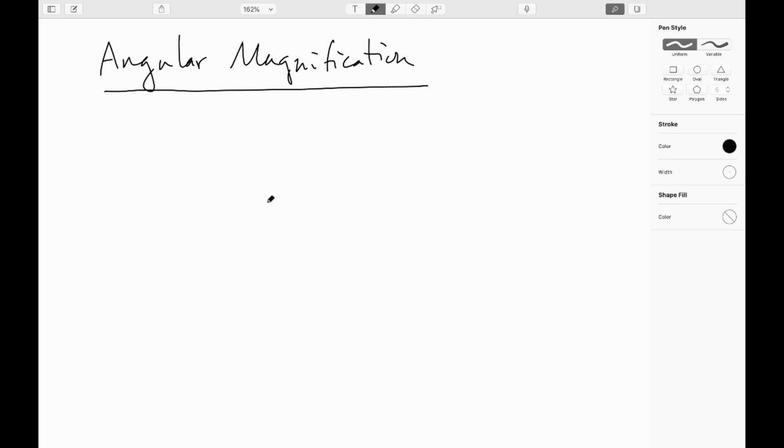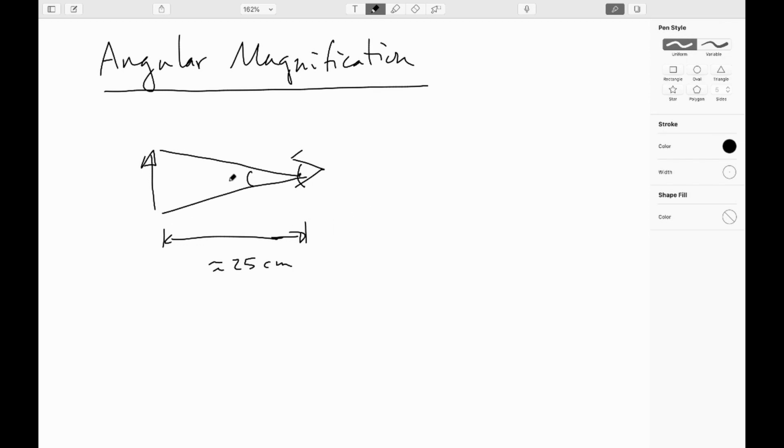So the usual standard that we use for defining angular magnification is to say, how big could you possibly ever see something? And that would be if you stick it out at your near point. So this distance is about 25 centimeters.